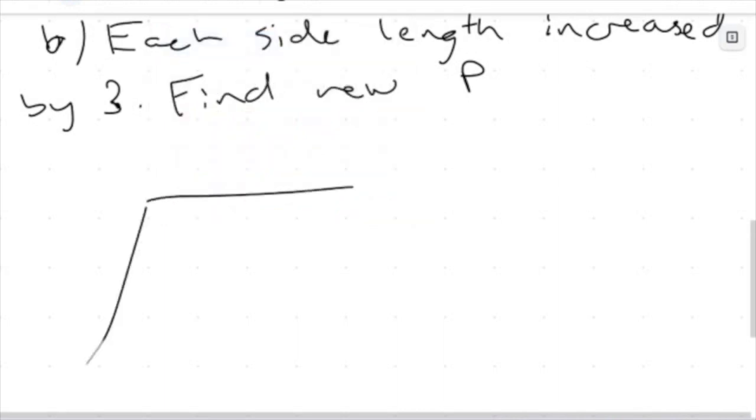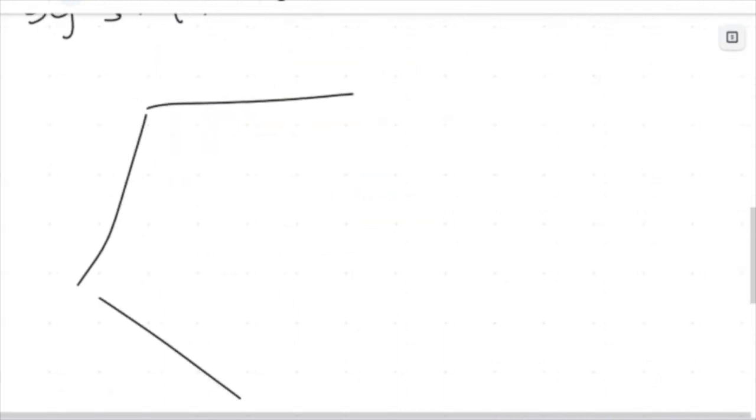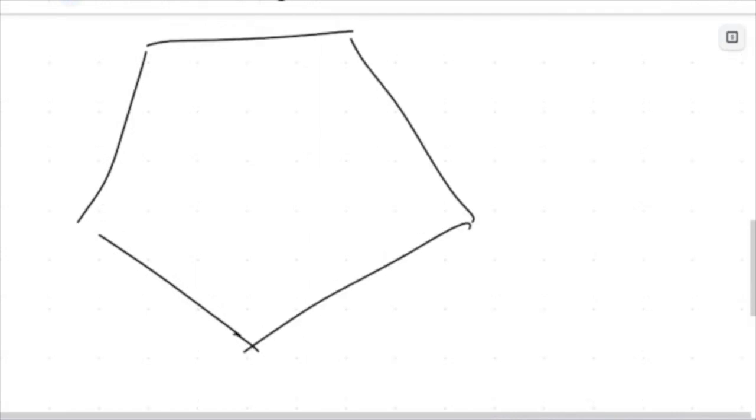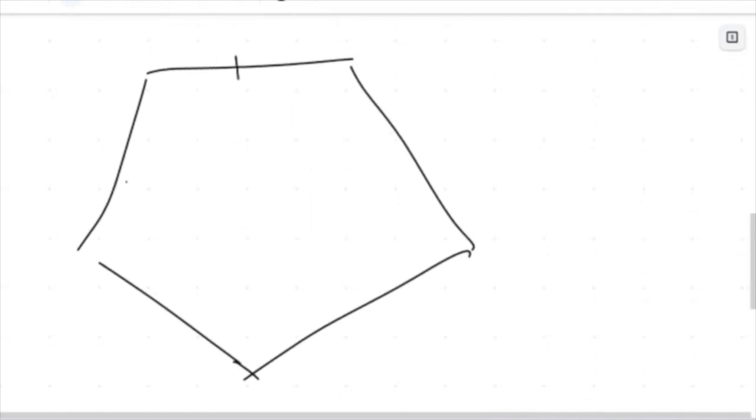So let's just redraw this and we'll make it a little bit bigger. So I have this here, here, fix that up a bit, here, and here. And let's pretend, if I drew this a little bit better, that all of these would be equal, that this is a regular pentagon.